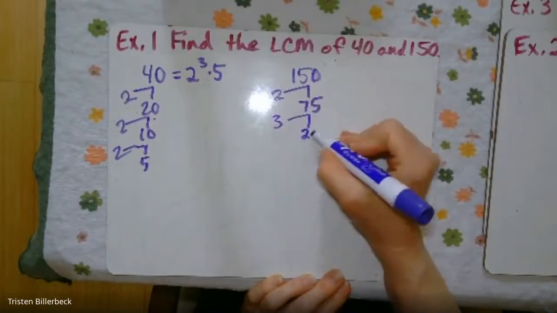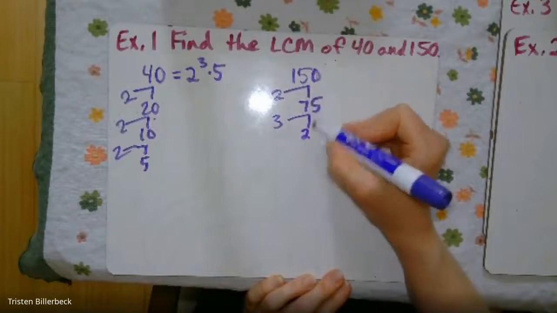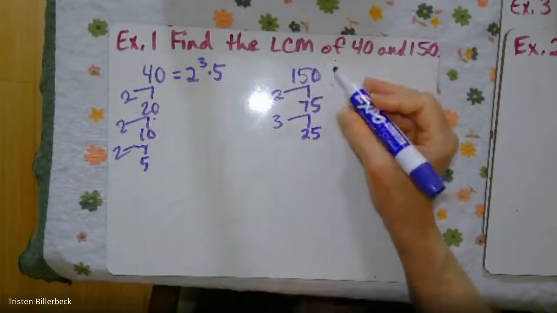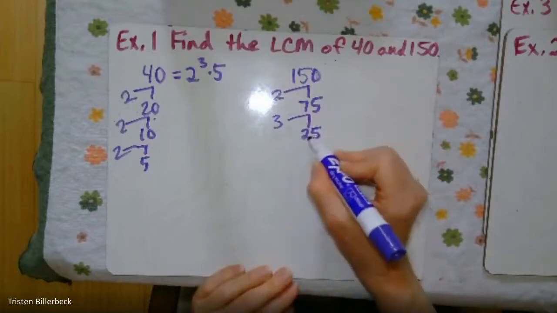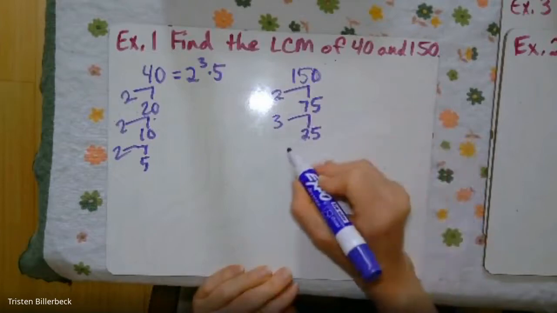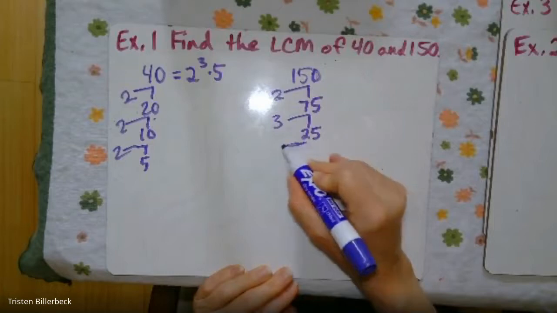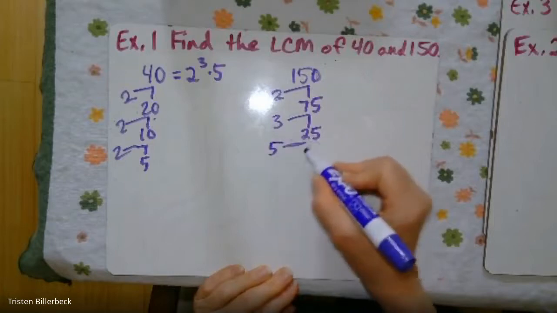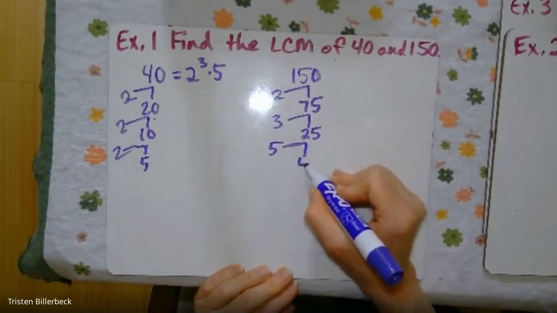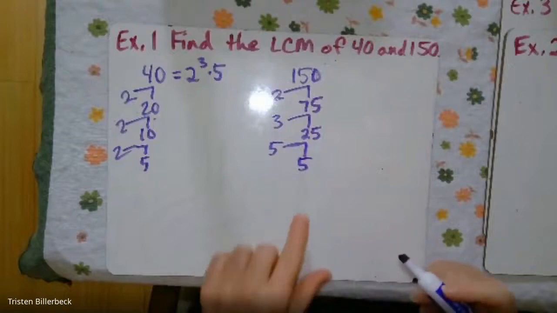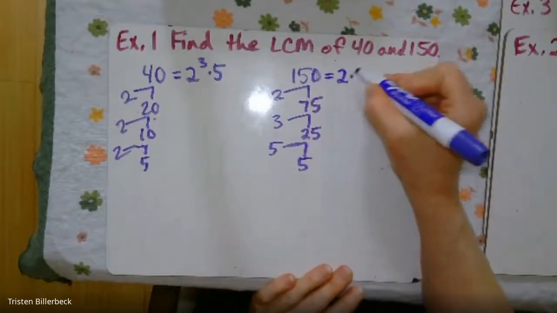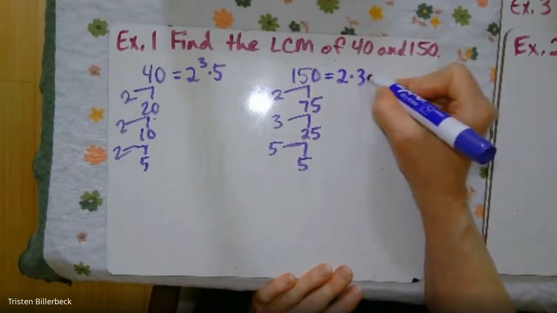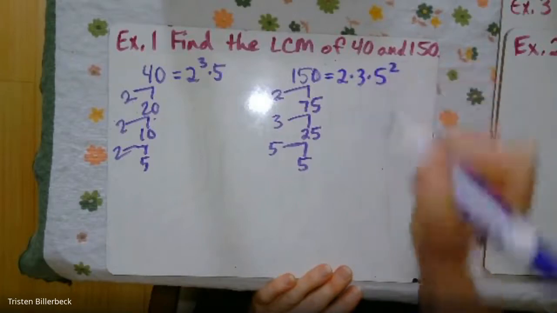There are 25. 2 plus 5 is 7, so it's no longer divisible by 3, but it is divisible by 5 because it ends in 5, and we have 5 times 5. So the prime factorization of 150 is 2 times 3 times 5 squared.